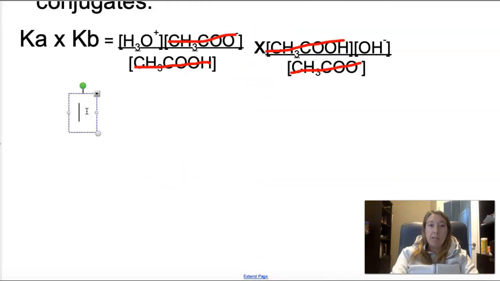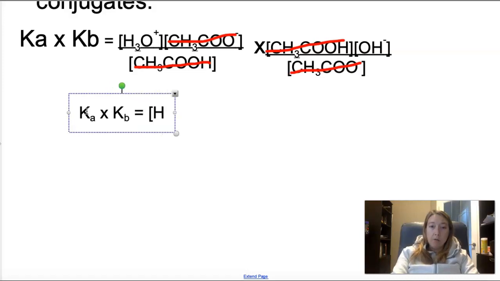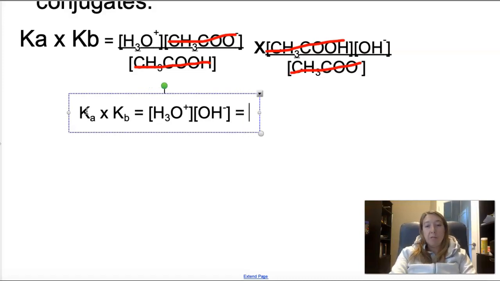So right now we're saying that Ka times Kb is equal to hydronium times hydroxide. If you figured out by now what that other equation is, hydronium times hydroxide, it's Kw.